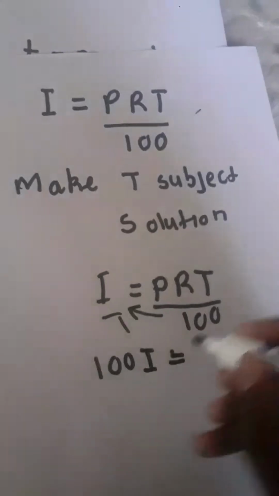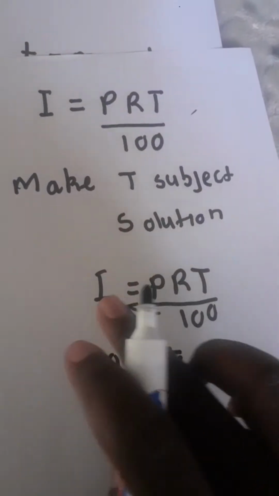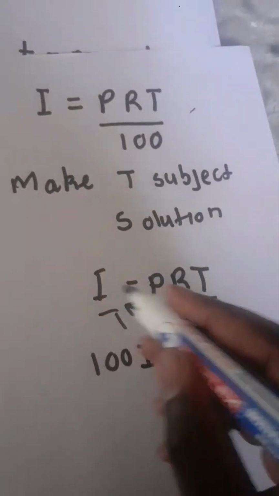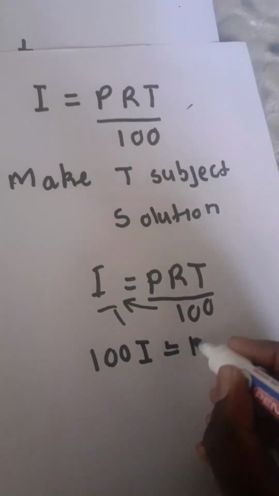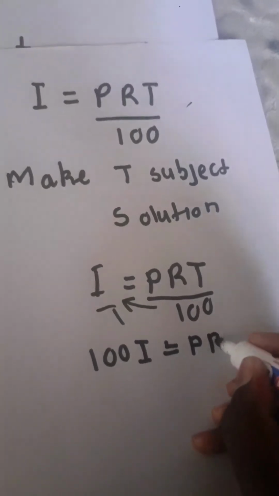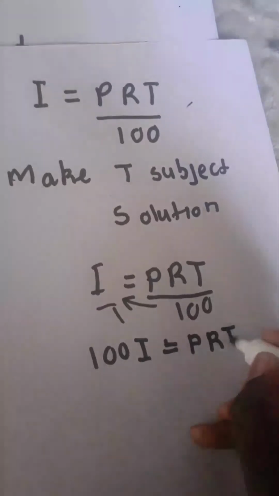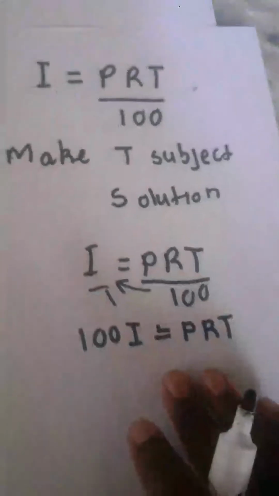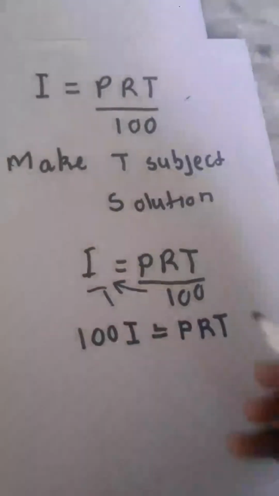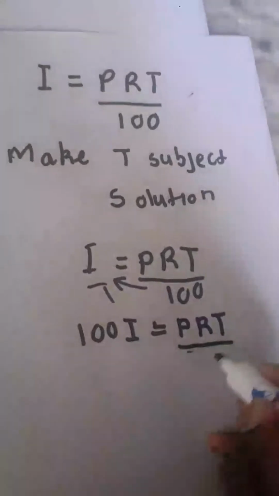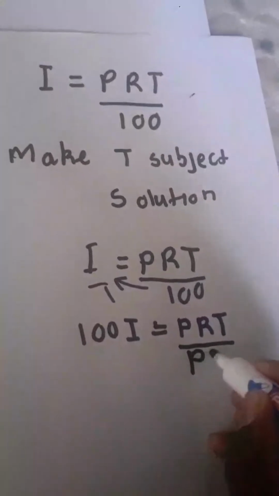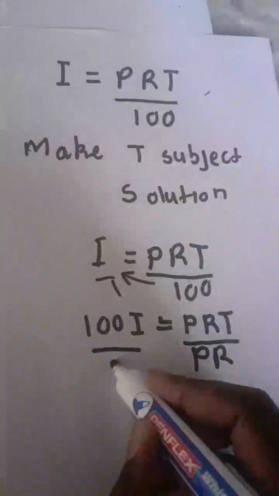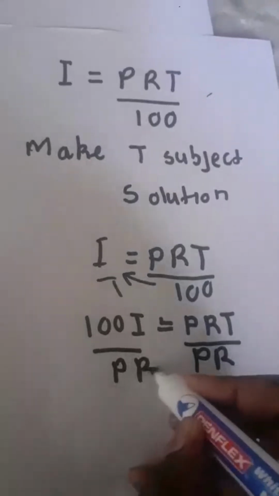So cross multiplication: I times 100 is equal to 100I, which is equal to PRT. We have cross multiplied. Remember, we want to make T the subject of the formula. So we are going to divide both sides by P and R. This side also by PR.